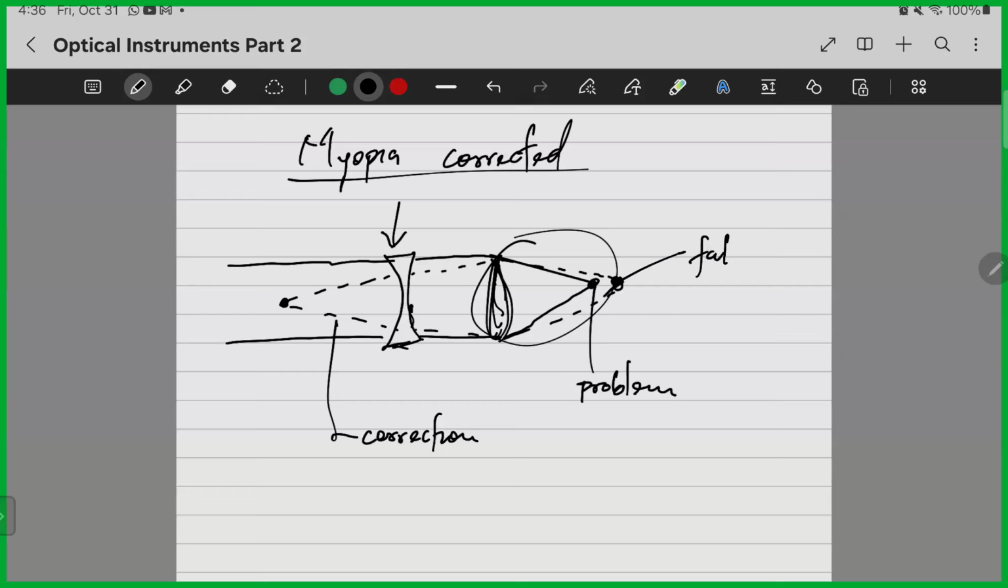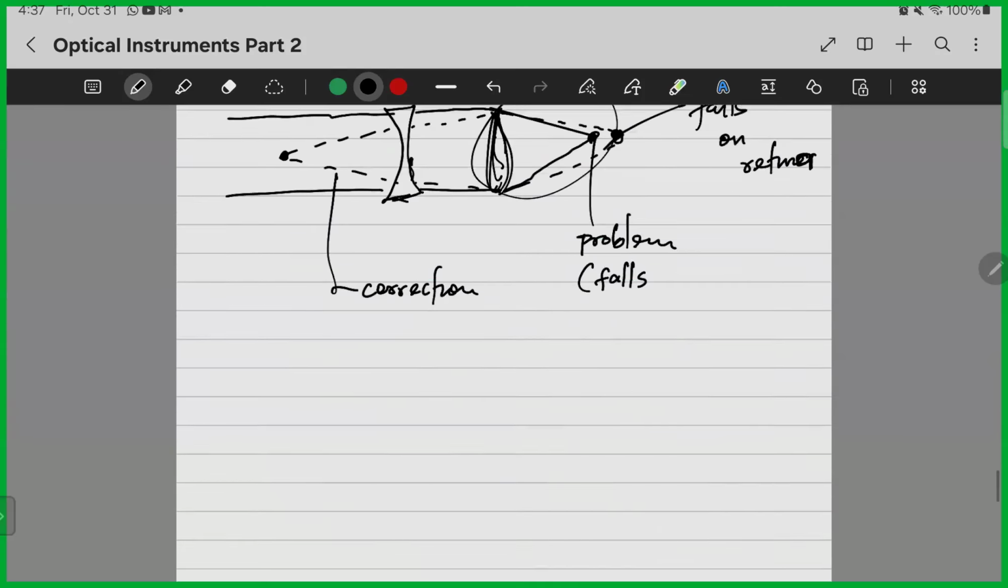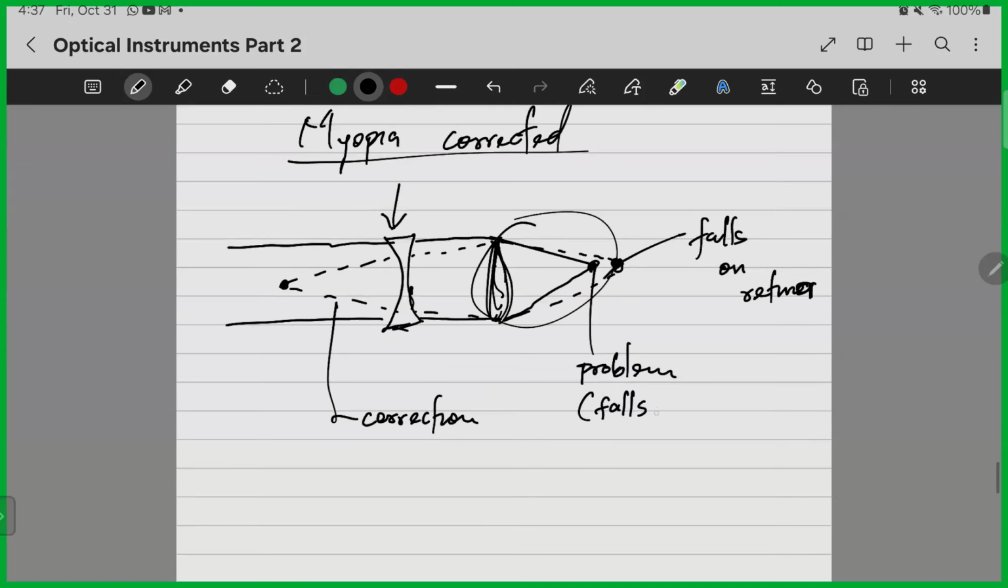Now it falls on the retina. So the problem falls before, in front of, the retina. I'm just using this to paint the idea to you.